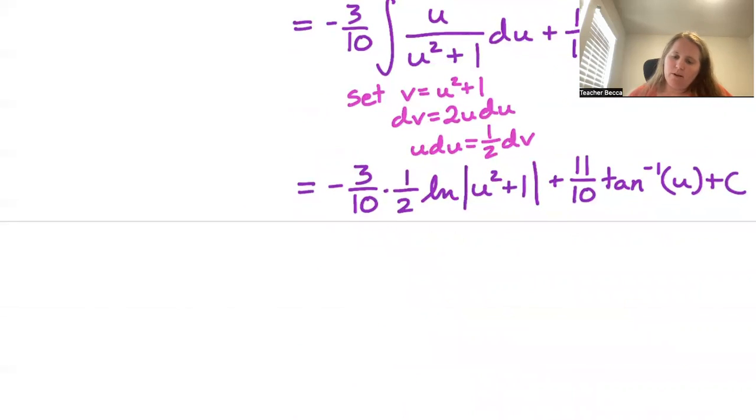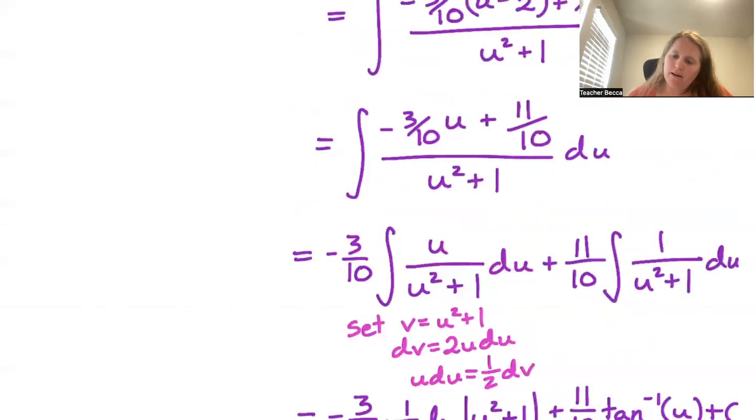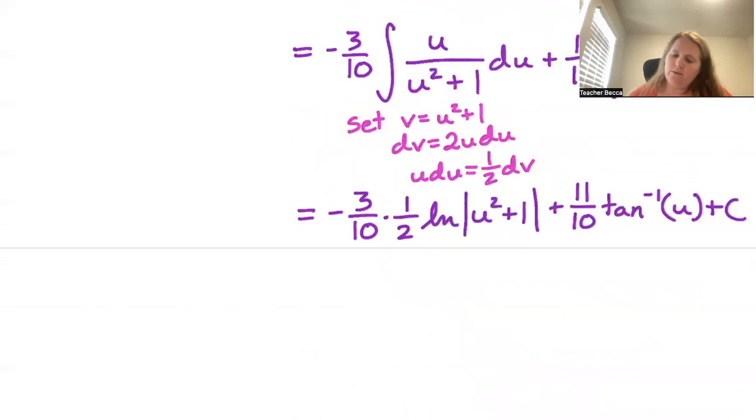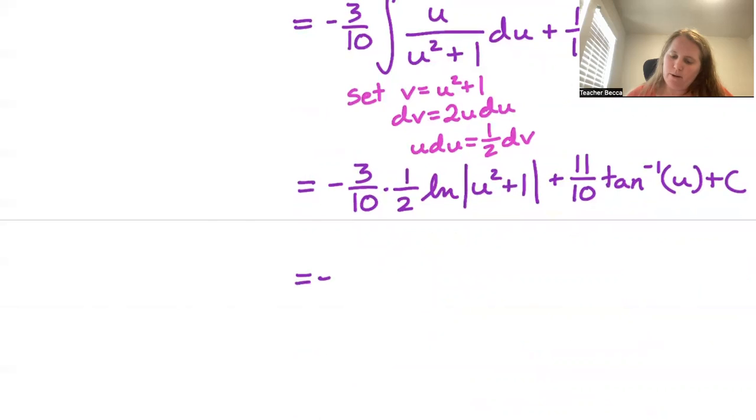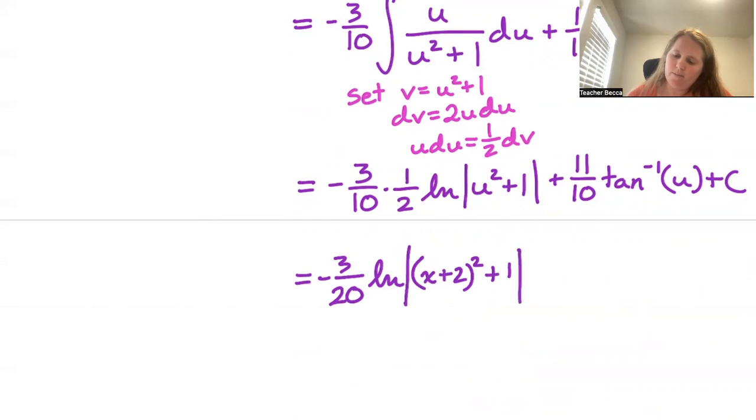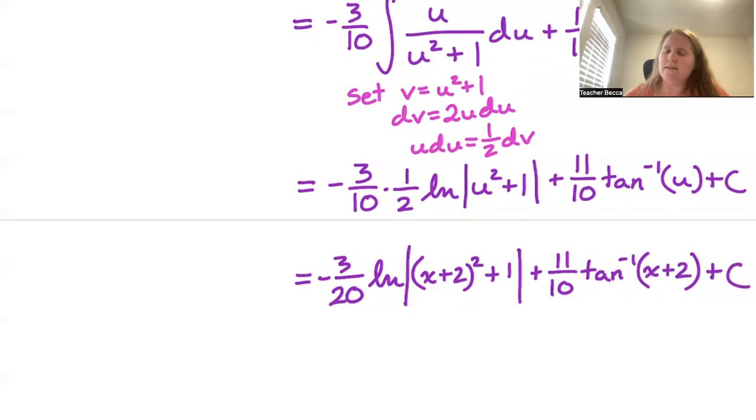All right, from here we can plug back in our x. u was simply x plus 2, so we have a -3/20 times the natural log of x plus 2 squared plus 1, plus 11/10 times tan inverse of x plus 2, and then plus c.